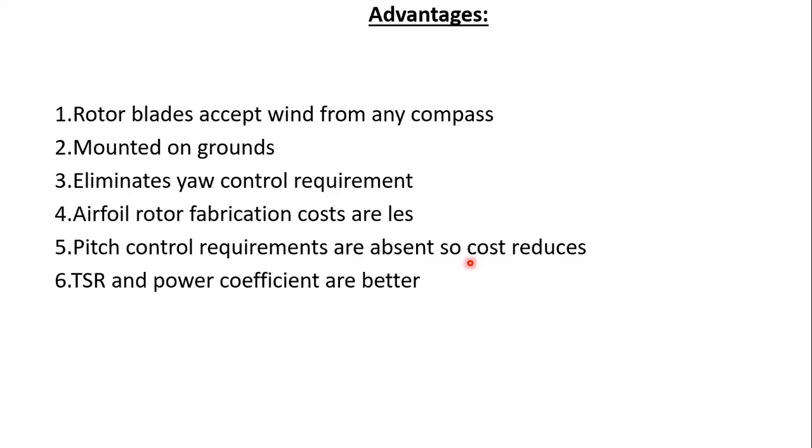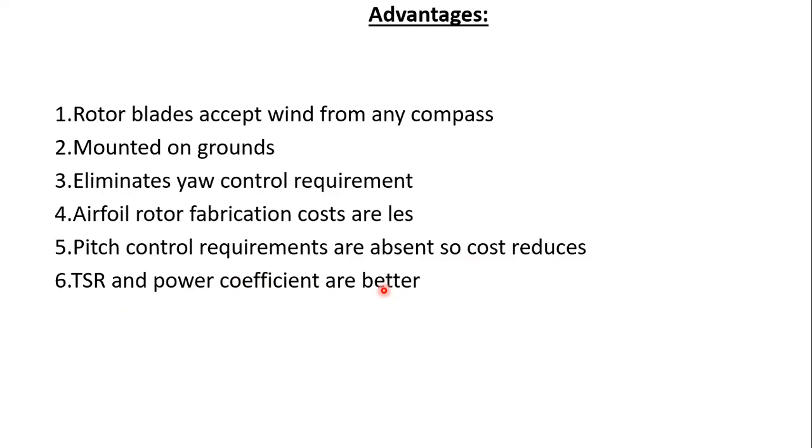Next, the last one is that TSR and power coefficient are better. TSR means tip speed ratio, and power coefficient is nothing but the efficiency of the machine. These are considerably better than those of the S rotor.